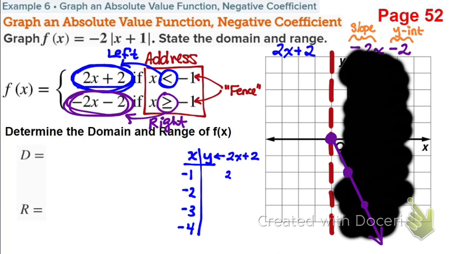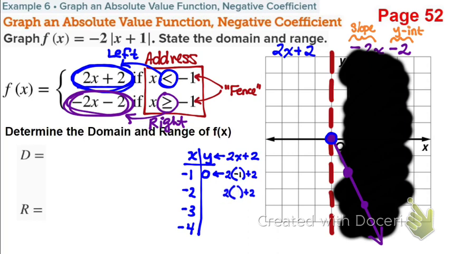What are we putting in for x the first time? -1 plus 2. What's 2 times -1? -2. What's -2 plus 2? 0. So -1, 0. It gets an open circle, but it lands right on top of my other one.